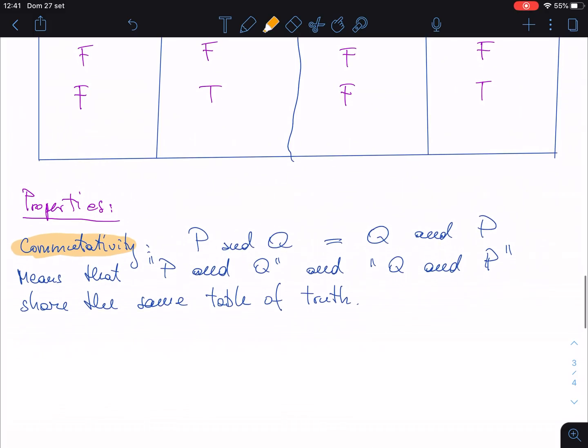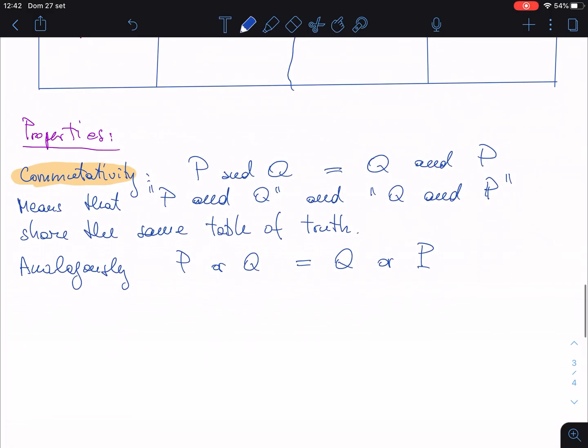And also, in a pretty analogous way, we have that P or Q equals Q or P. Commutativity means, as you already know, that the order of the elements does not matter. And there are other properties. For instance, another important property is the associativity, which, we will see along the course, is somewhat more basic than the commutativity.